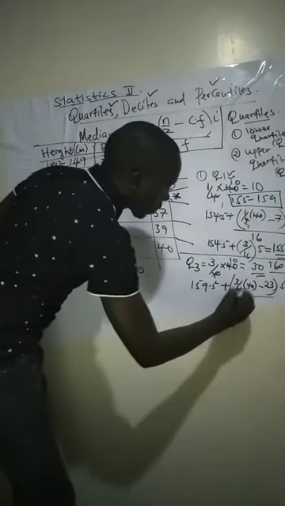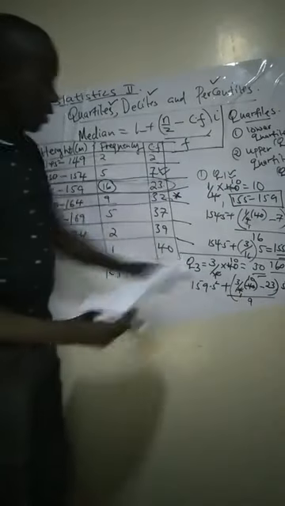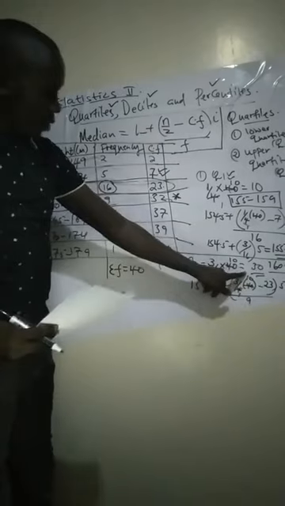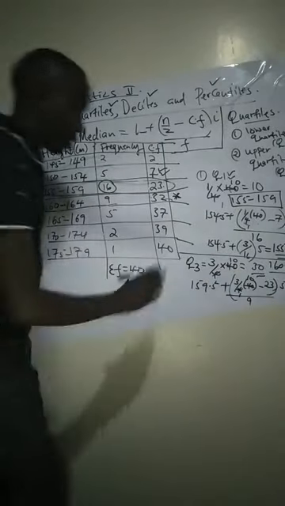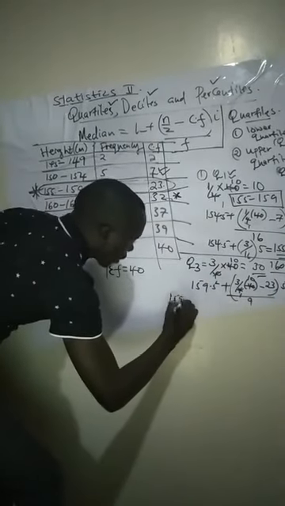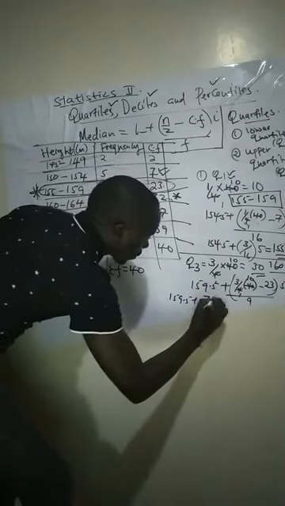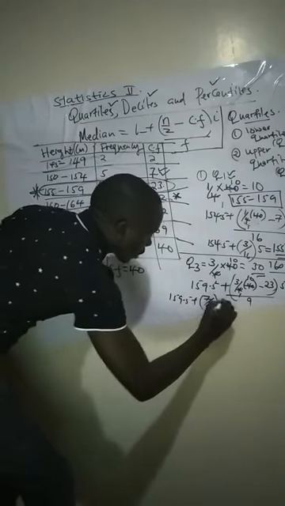And that is basically what you need to know. One quarter of 40 is 10, 3 times 10 is 30. 30 minus 23 is 7. So I have 159.5 plus 7 over 9 times 5.